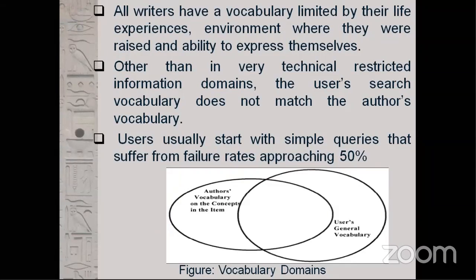Okay, so that's why, whatever the vocabulary of the user or the authors, this vocabulary domain also plays a major role. The vocabulary domain can restrict the retrieval of relevant documents. So while you are developing an information retrieval system, you need to take this vocabulary into account. We need to follow universally acceptable vocabulary.